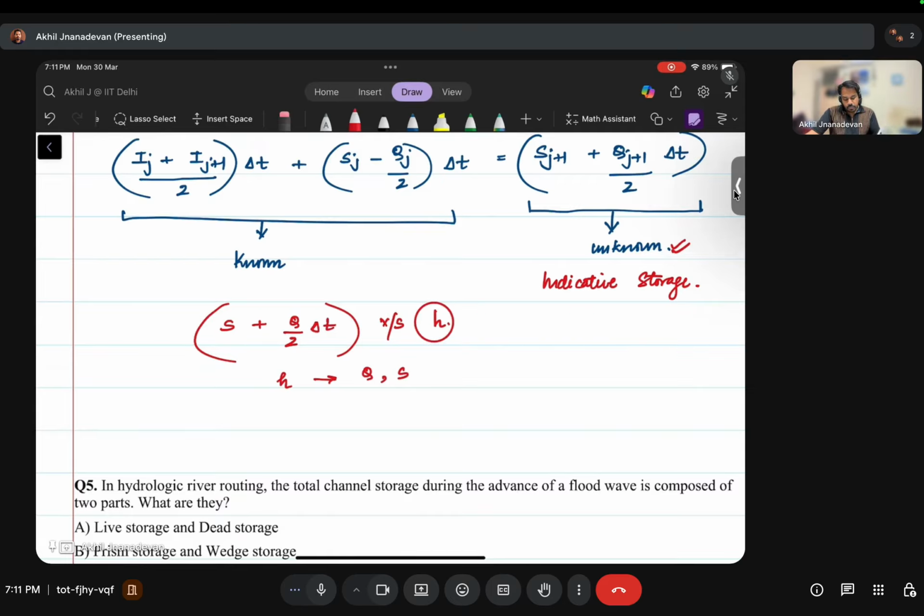Then we use Q as a function of H, substitute that H, and get our Q, that is the outflow hydrograph.